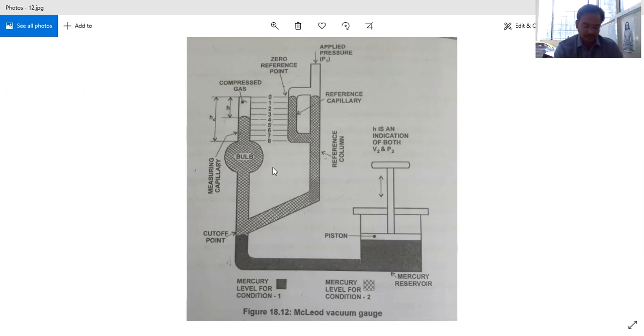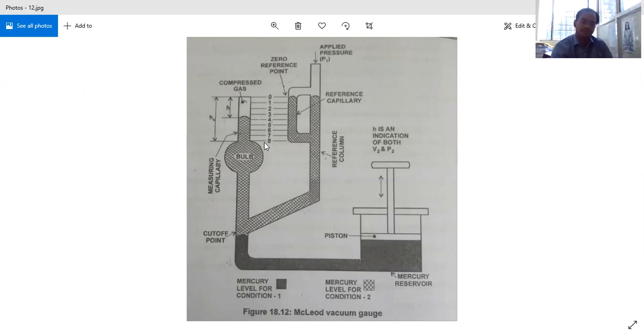There is one more advantage here: a linear relationship exists between the applied pressure and H. And there is no need to apply corrections to the McLeod gauge readings.